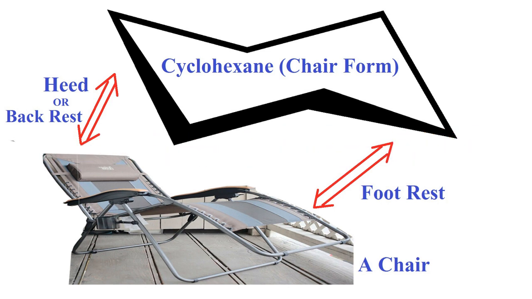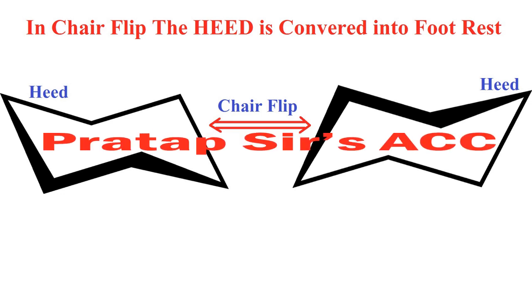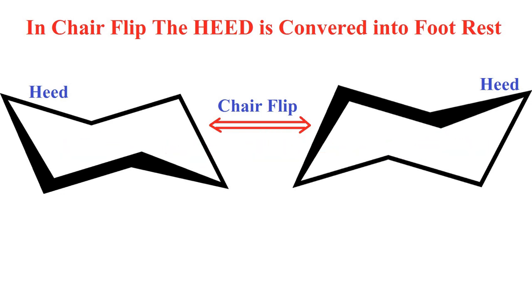This chair conformation rapidly interconverts to a similar other chair conformation in which the footrest and head are interconverted. This interconversion from one chair form to another is called the chair flip.